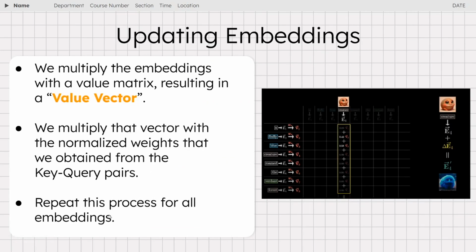And we repeat this process for all of the embeddings, not just this one. And this is just one single head of attention. A transformer usually runs multiple heads of attention, which run in parallel to see all the possible meanings and contexts of the sentence, because this is just one embedding for adjectives.